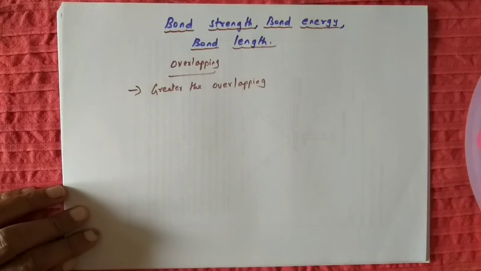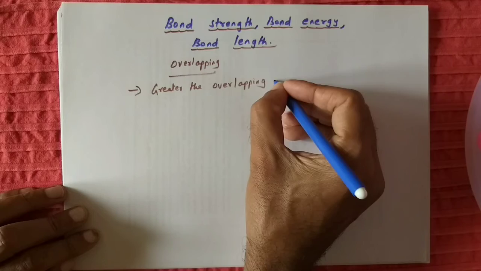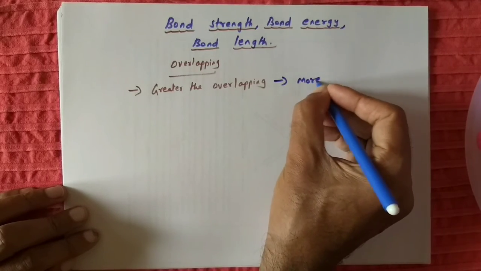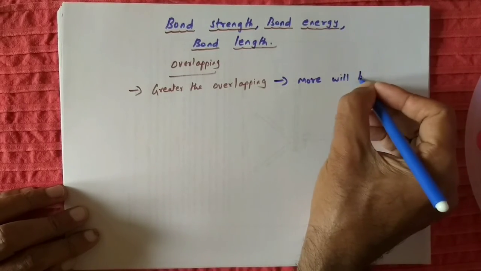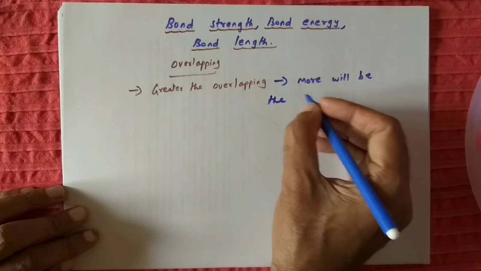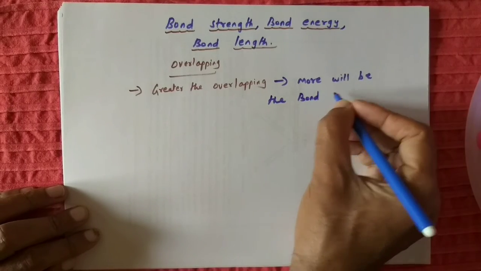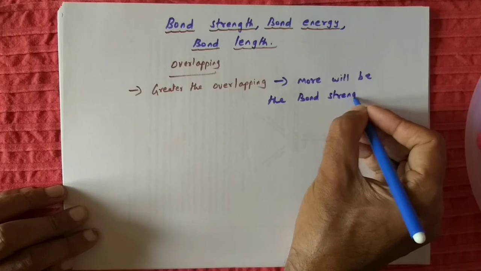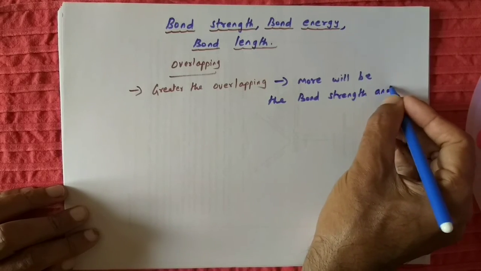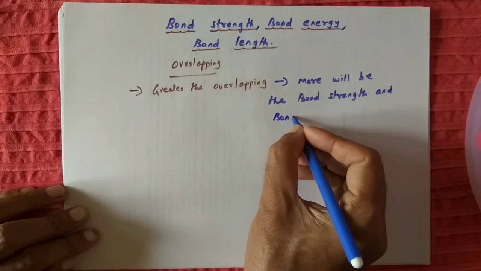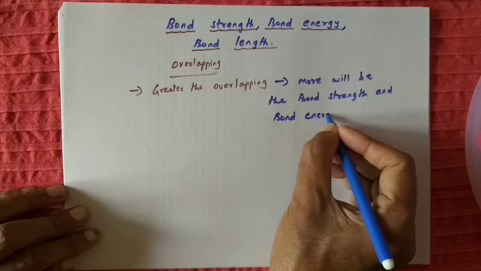Greater the overlapping, more will be the bond strength and bond energy.